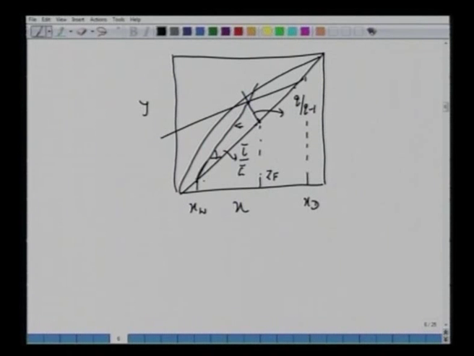I know this operating line intersects the 45-degree line at x equal to y equal to xw, and then I connect with this operating line, and from the intersection, if I connect this to the 45-degree line at xt, I should be able to obtain the operating line equation with the intercept of xt by R plus 1 with the slope of R over R plus 1.